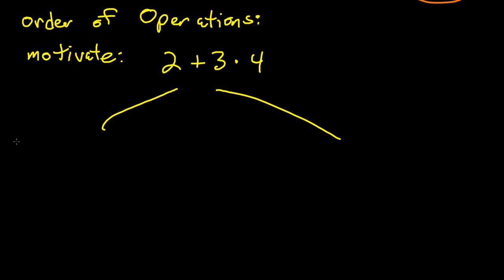If I do the addition first, and I'll do that over here, 3 plus 2 is 5, and then 5 times 4 is 20. And if I do the multiplication first, I'll do this part over here.